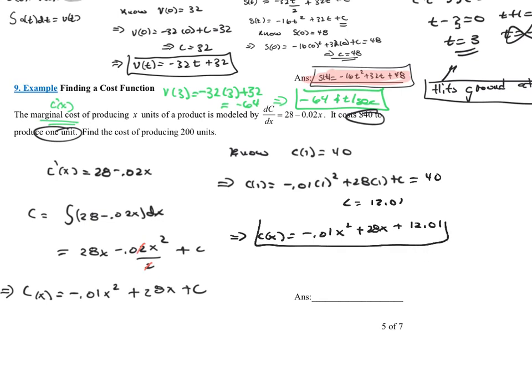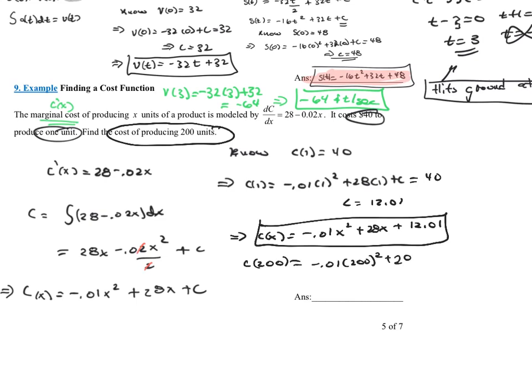That's my real cost function, but let's go back and reread the problem. The problem didn't want the cost function, it wanted the cost of producing 200 units. So simply plug in 200. I have negative 0.01 times 200 squared plus 28 times 200 plus 12.01. Plug that into your calculator.